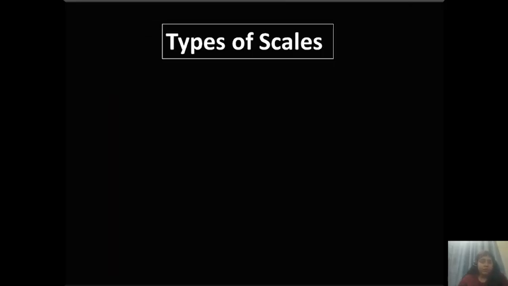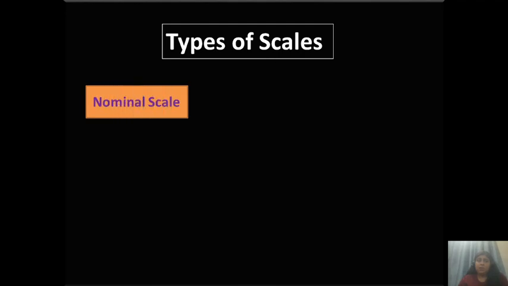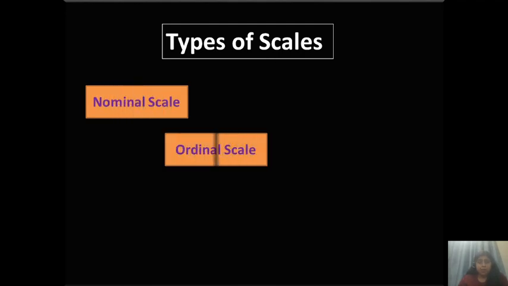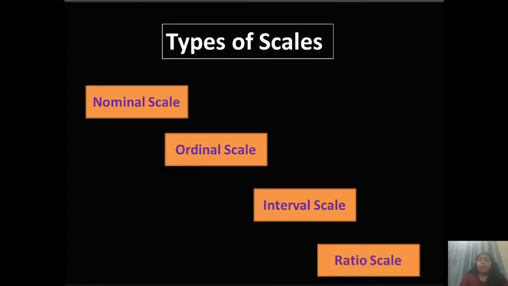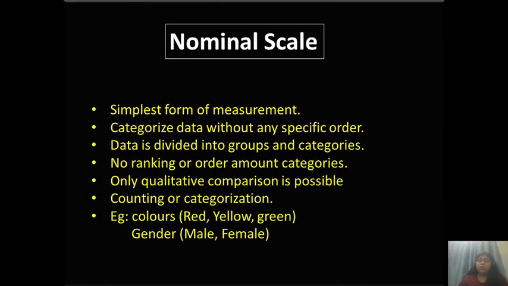So, what are the types of scales in statistics? First is nominal scale, second is ordinal scale, third is interval scale, and fourth is ratio scale. These four are the most common and most important scales that are used in statistics. So, what is a nominal scale? Like we studied about the nominal data type.